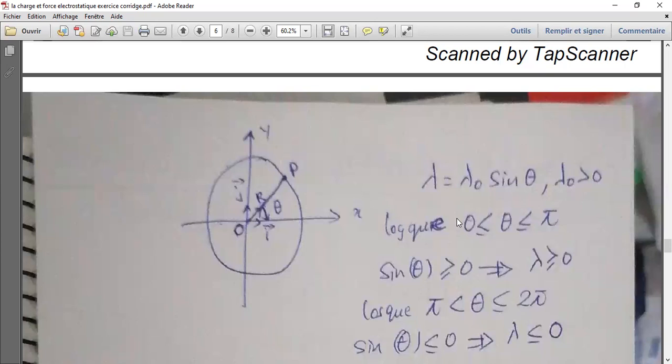you'll find most of your answers, if you try this, will be positive or equal to 0.